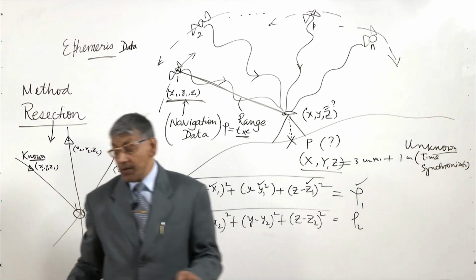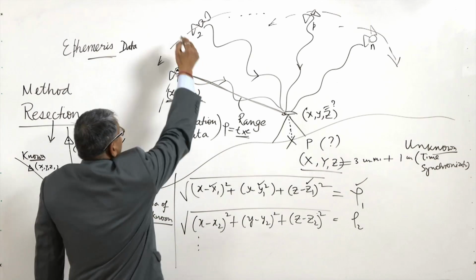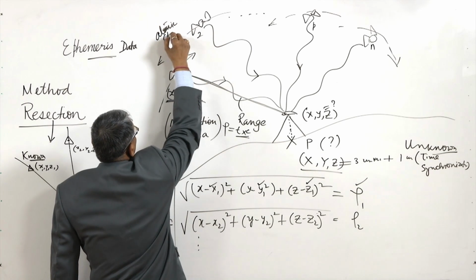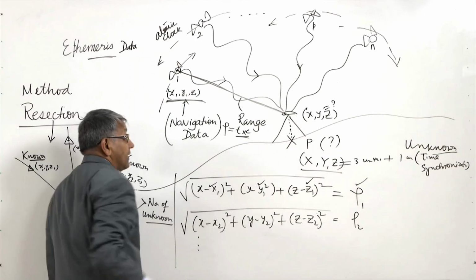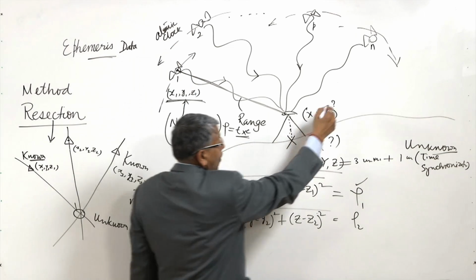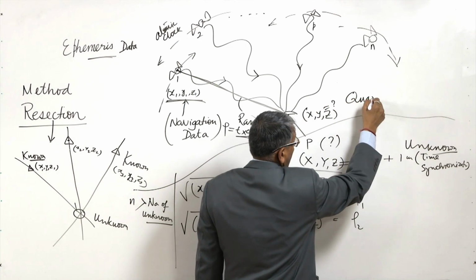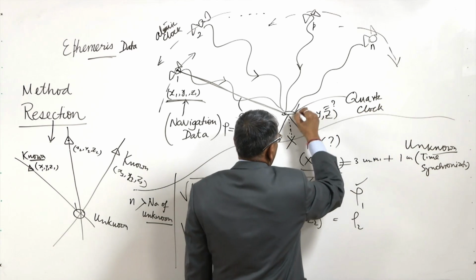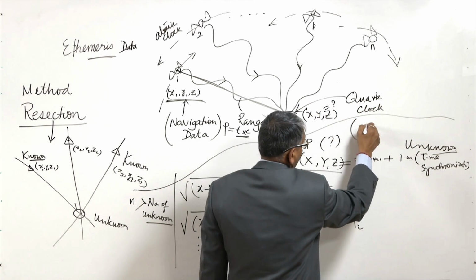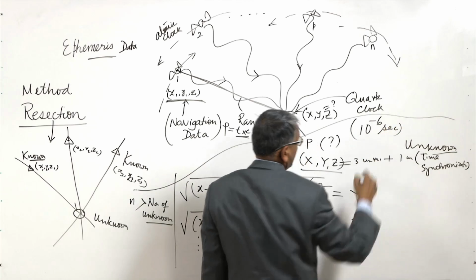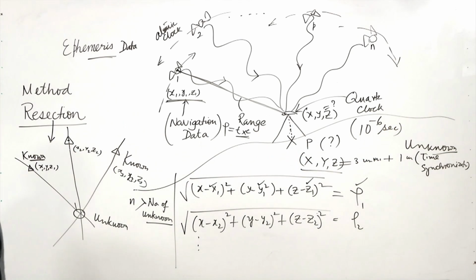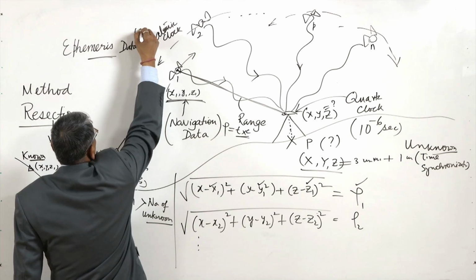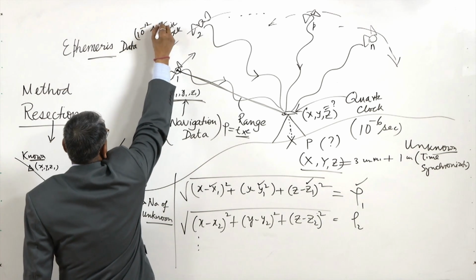Actually in GPS we use an atomic clock in the satellite, and we use a quartz clock in the receiver. The quartz clock has a precision of the order of 10 to the power minus 6, and the atomic clock is maybe of the order of 10 to the power minus 12 second.